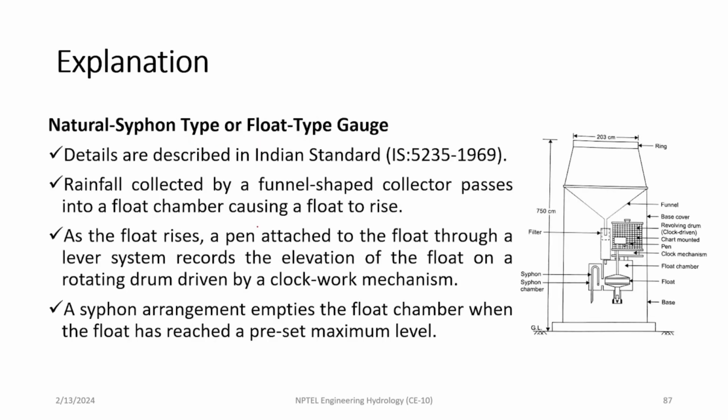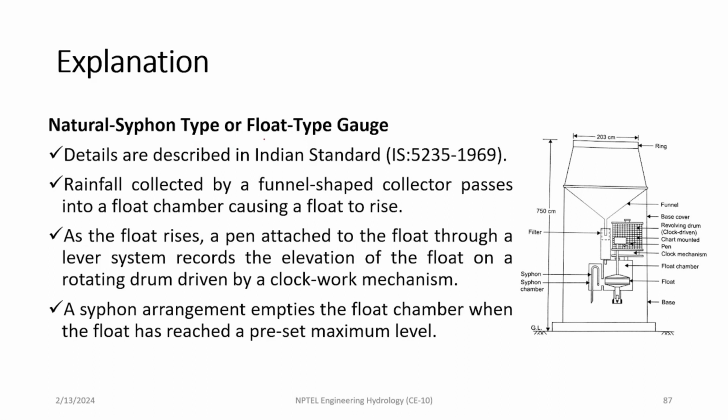So firstly, going with the natural siphon type, definitely IS standard 5235 1969 gives the entire information, in the sense it is about area, then the dimension, and then some maintenance and care that we have to take while locating this rain gauge in the area.